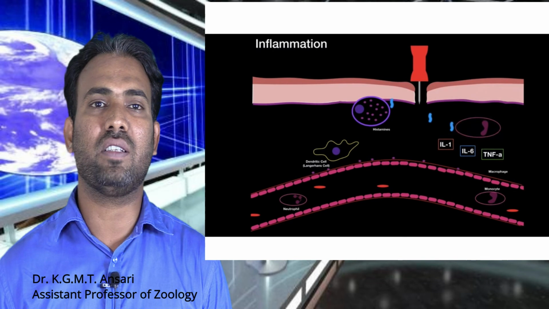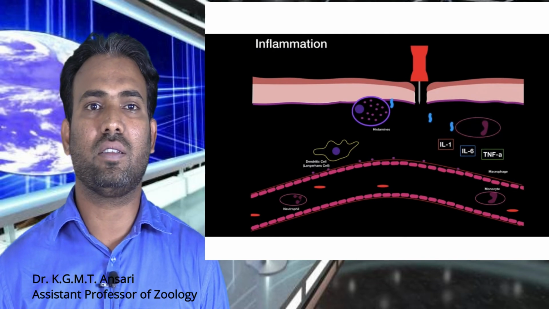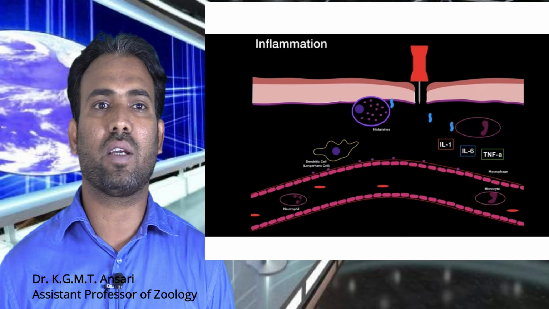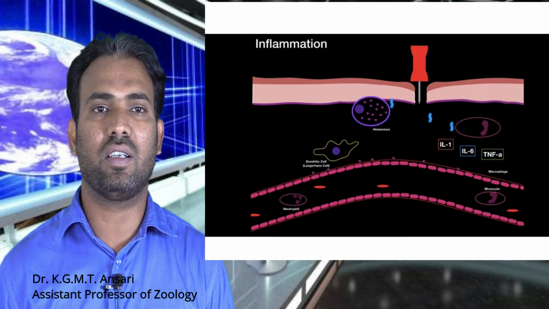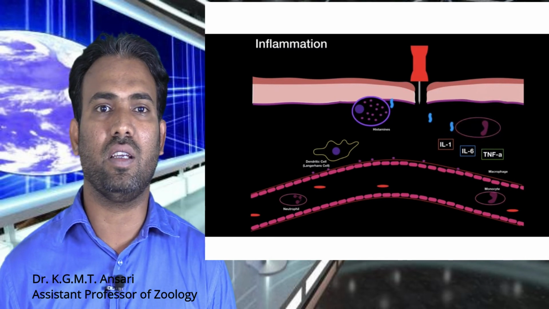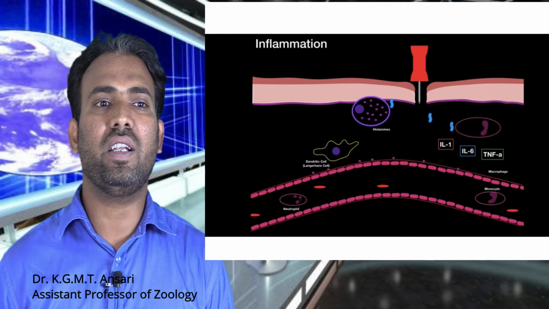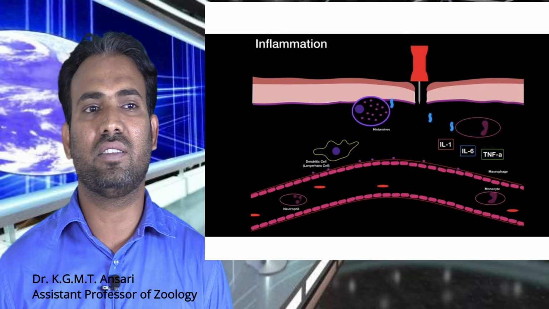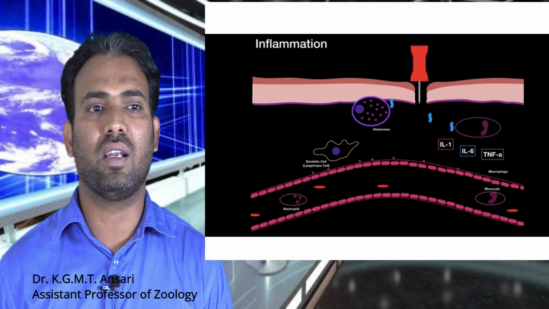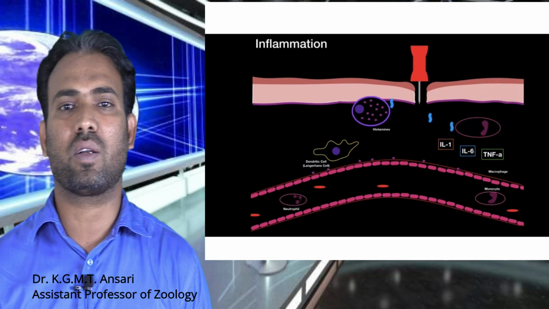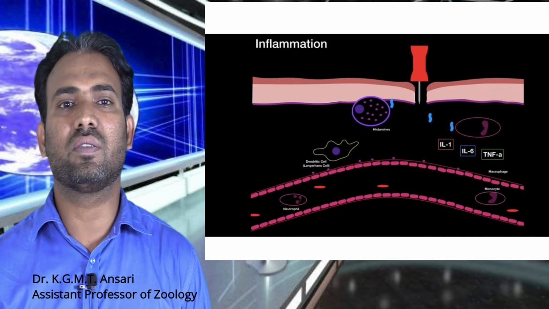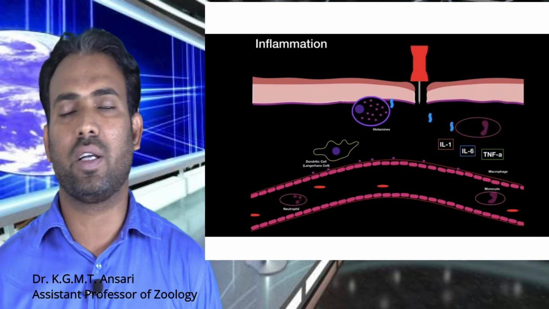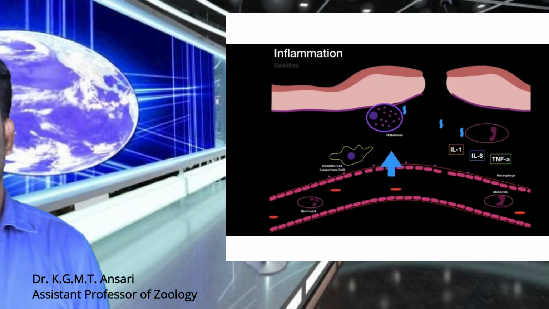So once I puncture that particular place in your skin, the microorganisms surrounding that environment will enter our body. Then immediately our basic immune responding cells like mast cell, dendritic cell, neutrophil, monocyte and macrophage will come to work to remove those microorganisms.